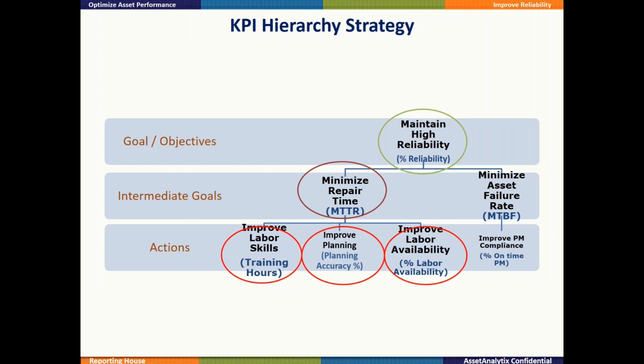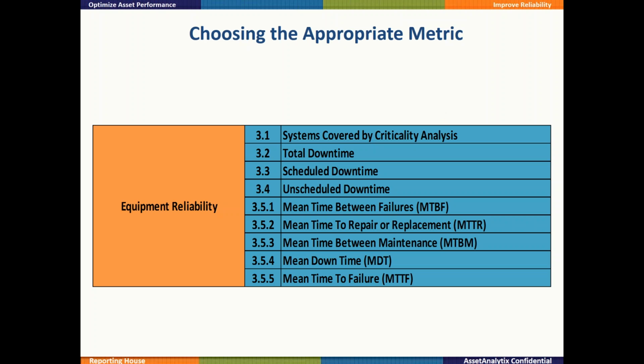So we talked about, okay, we're going to include equipment reliability. What is the right strategy? Now, does it necessarily mean you have to use all the metrics that they have? No, but once you determine the right strategy and you understand what you're trying to do, you can then go into the appropriate metric that's been defined by an industry practice, whether it's ISO 14224, ISO 55000, or SMRP, and pick the right metric.